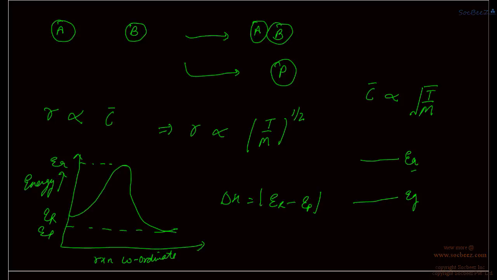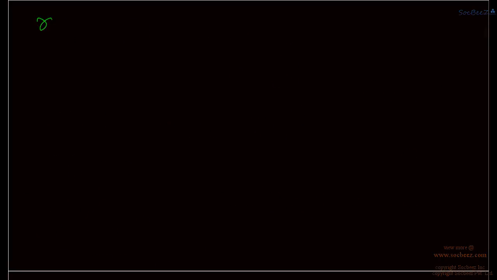So therefore, in order for the reaction to occur, there must be a minimum amount of EA present in each and every molecule so that they can get transformed into products, and hence the rate of reaction is directly proportional to the fraction of the molecules that have got minimum energy EA, and that fraction is e raised to the power minus EA upon RT.